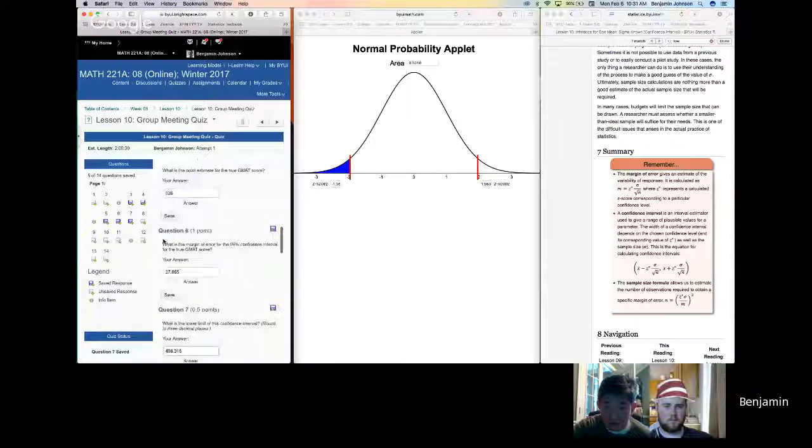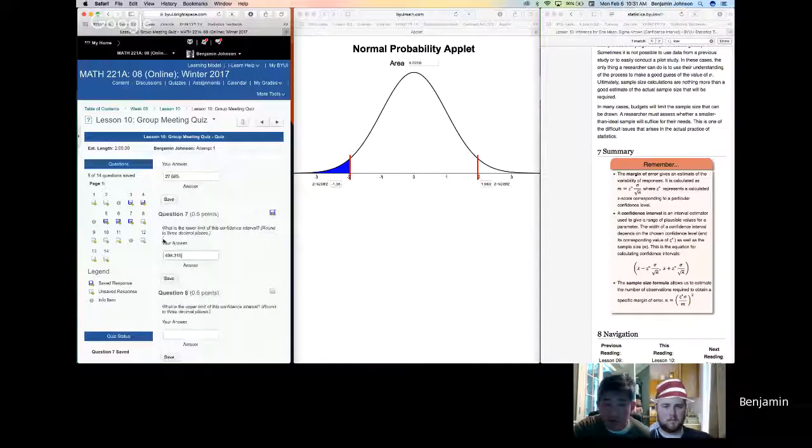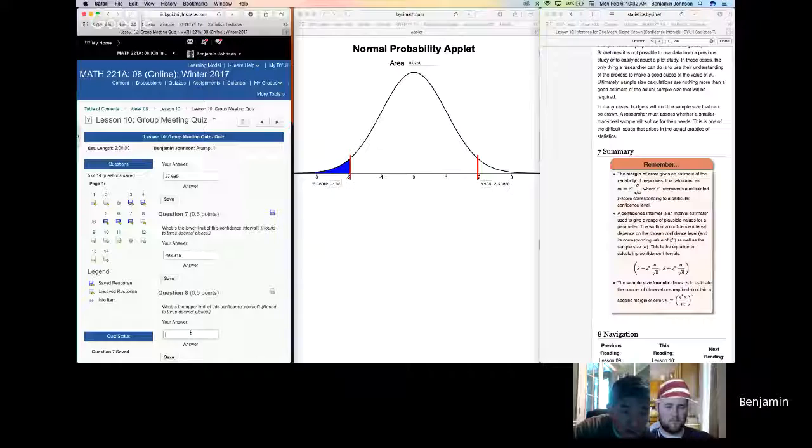Number 7 is 498.315. Number 6 is 27.685. I can't see that. Okay, 27.